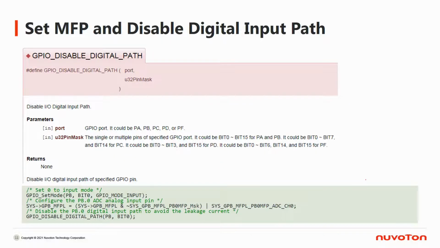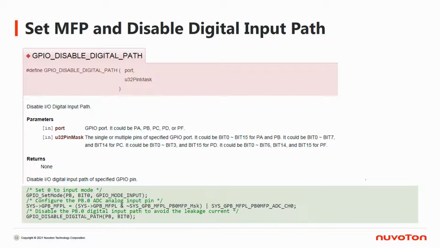However, how to set GPIO and ADC pin? Here is the example code for it. We use the function GPIO_SetMode with the parameter GPIO_MODE_INPUT to set GPIO as input mode. The first line of the code would set GPIO PP0 as input mode.